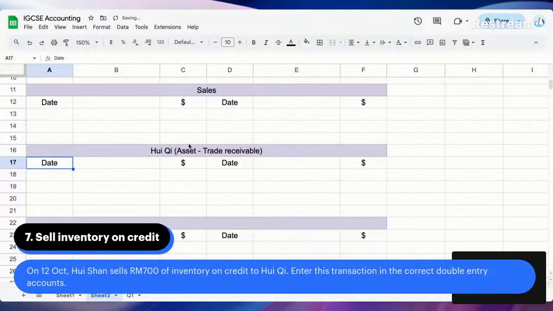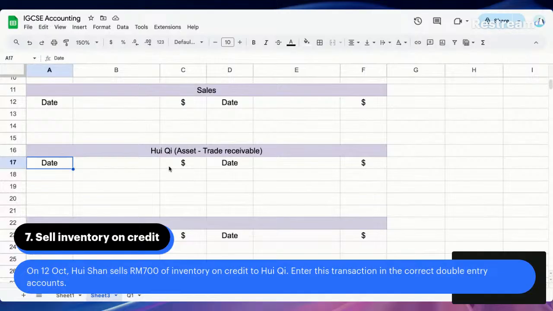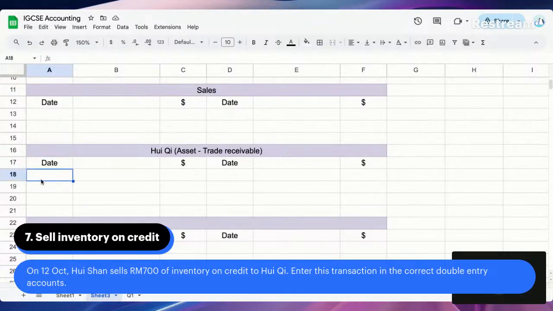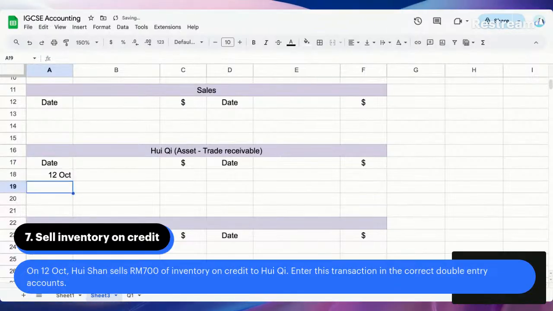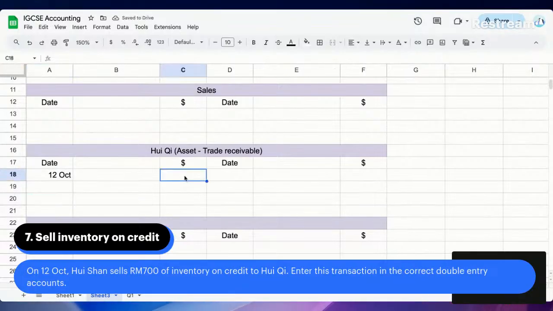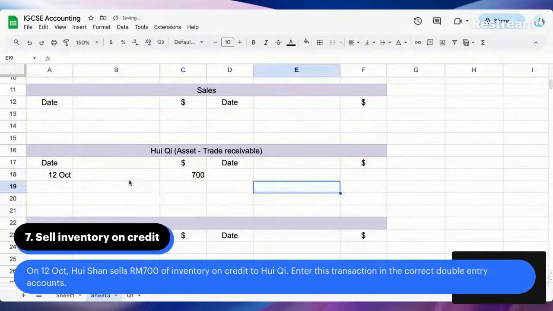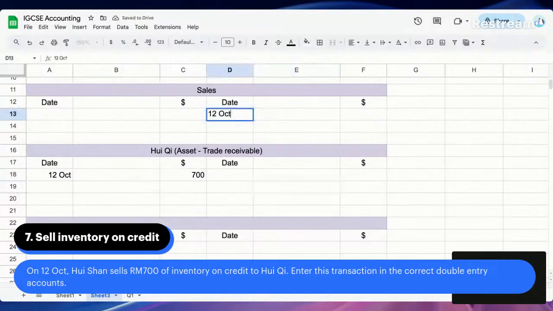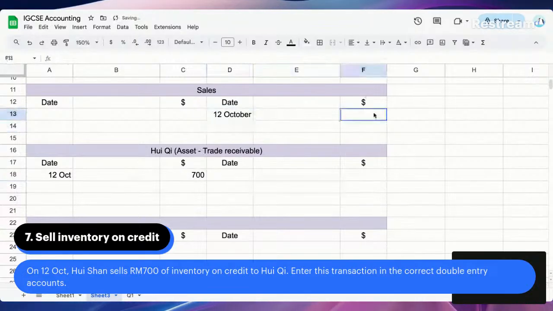Okay, all right. So for asset increase, right? Increase on when? 12th of October, and for how much? 700. And then the other side of the account, do the same thing, 700.